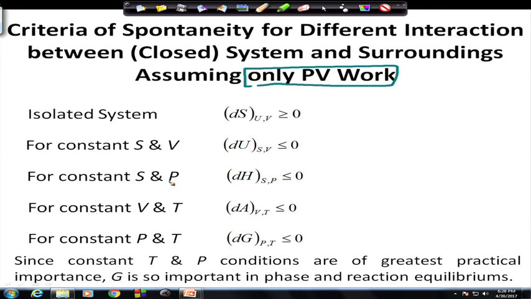Now, before I proceed, I would just like to ask you one thing. If you look at this particular equation, what does it show? It shows that for a spontaneous process, the energy has to keep on decreasing.